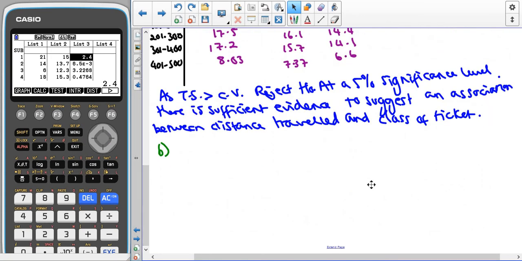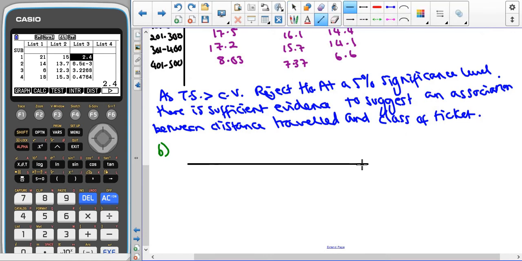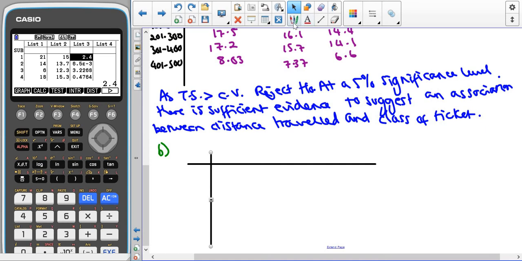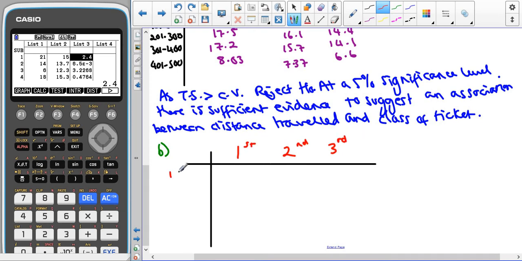So again, we're just going to make a table here to show that we did find our contributions. We're going to have 1, 2, 3, first, second, third, 1 to 100, 101 to 200, 201 to 300, 301 to 400, 401 to 500.